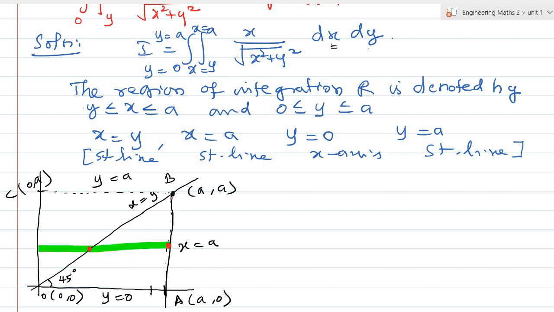Therefore, throughout the region, starting from x equal to y and ending with x equal to a. So this is the region of integration. Okay, so this is the region of integration. Then this is the rough sketch.